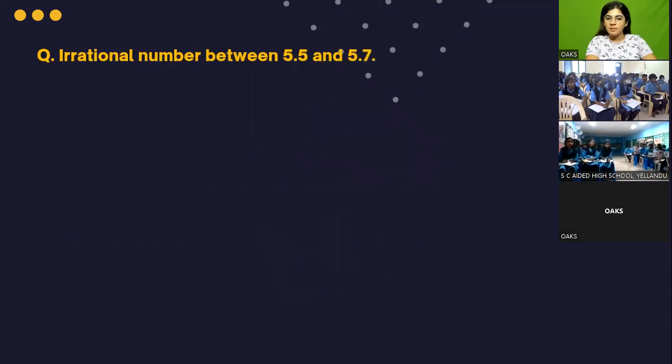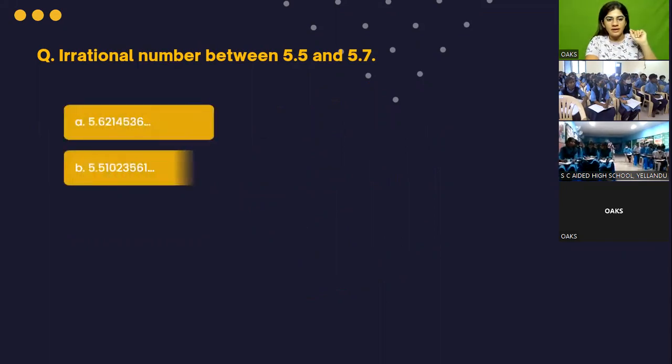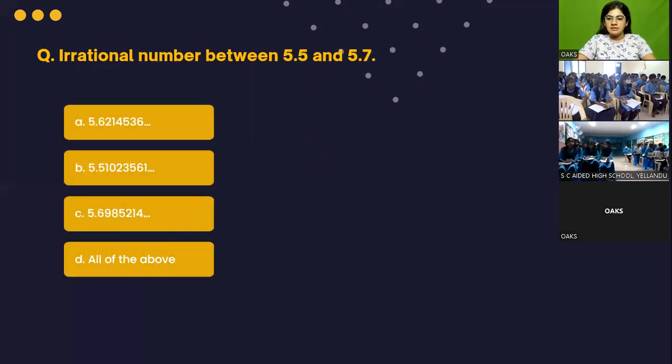So, an irrational number between 5.5 and 5.7. Just listen to the question carefully and answer to me. So these are the options. This is the question.